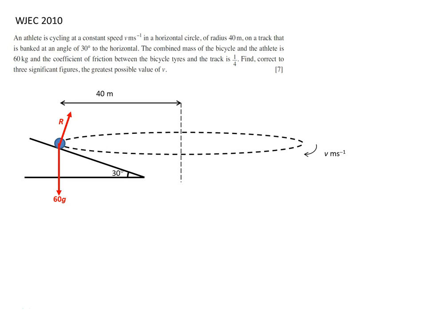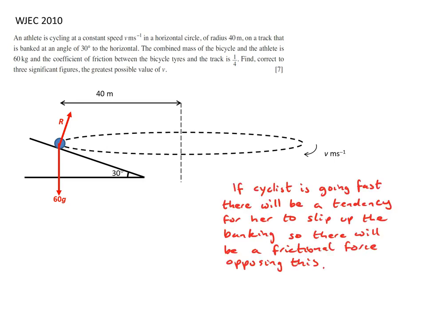Now, if the bike is going really fast, then the tendency for the bike will be to slip out of the circle. So the frictional force will be opposing that tendency, and the frictional force will be acting down the slope. So there's my frictional force F.